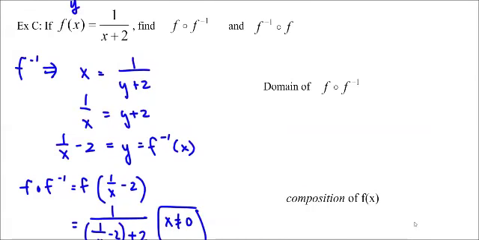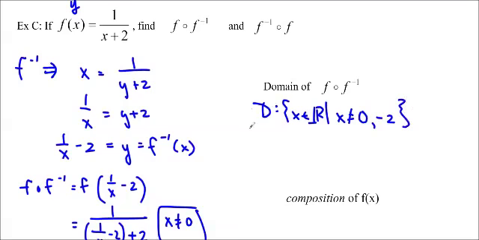So if we wanted to find the domain of f inverse, we know that it's going to be the domain x in R, such that x is not equal to 0, but we also have to put in the restriction of f of x, which is that x cannot equal negative 2. Okay? So make sure that you do both of those whenever you do the domain.